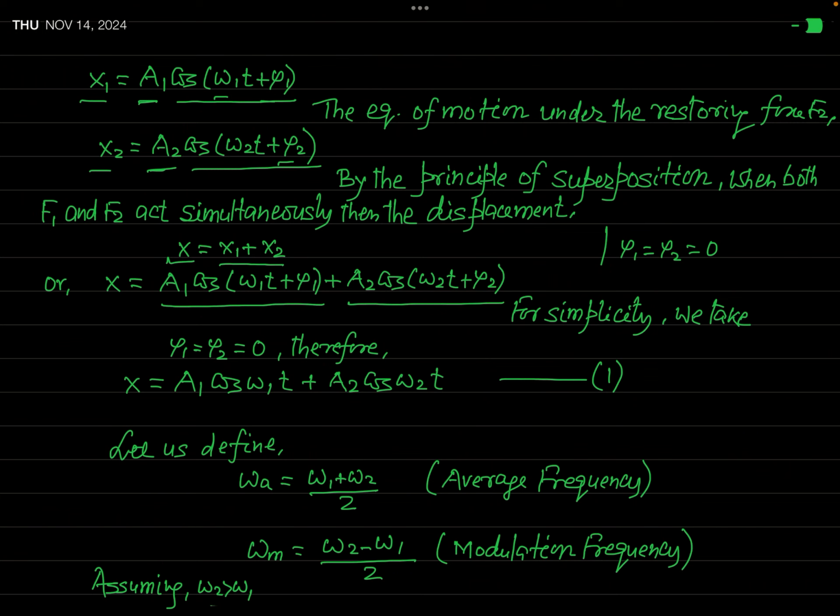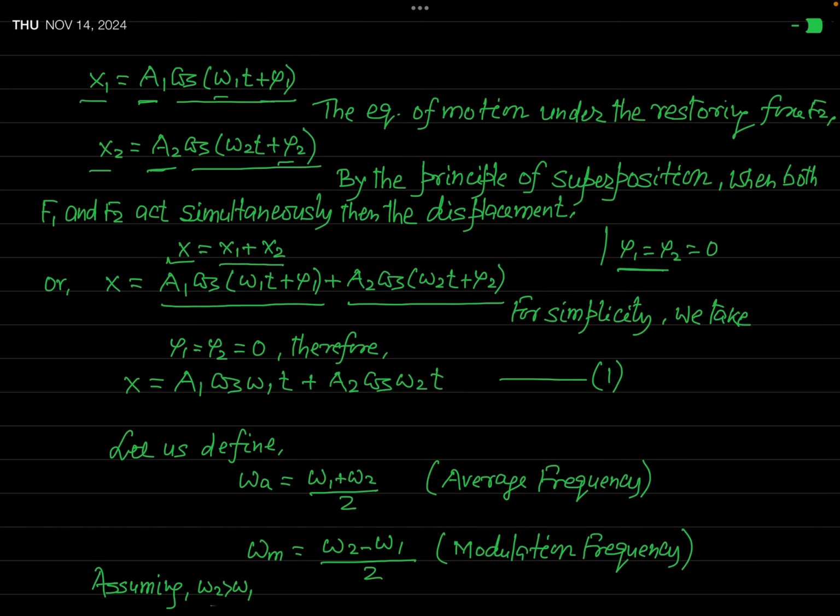But if you take phi 1 and phi 2 both equal to 0, will it make any difference in our concept? The answer is no. If you take phi 1 and phi 2 non-zero, even different, the result obtained will be identical to when both are equal to 0. It will not make any different physical sense.